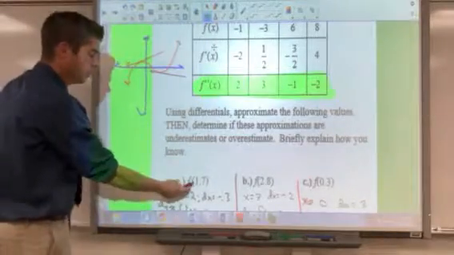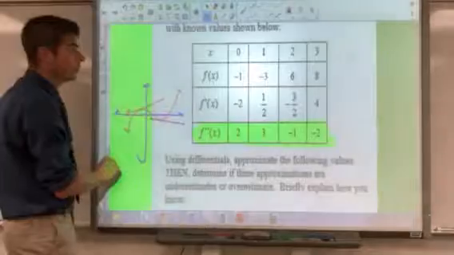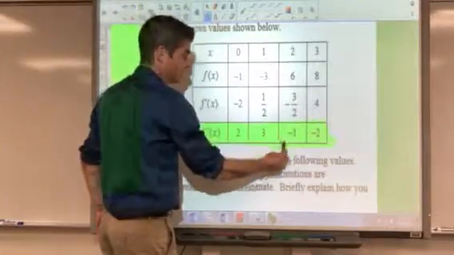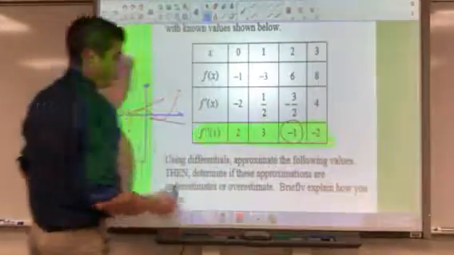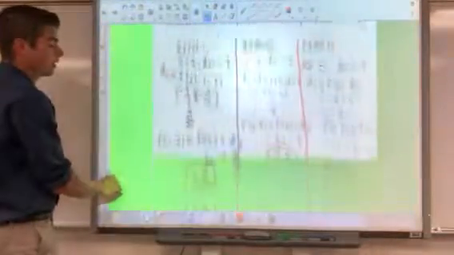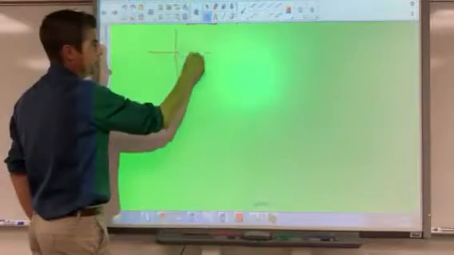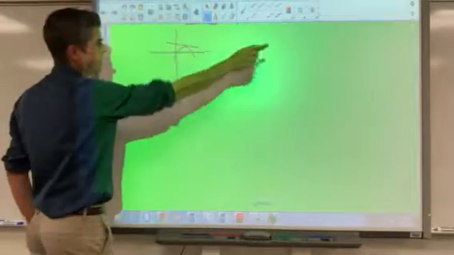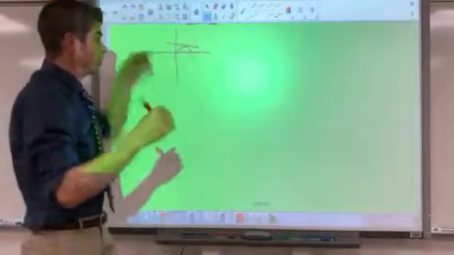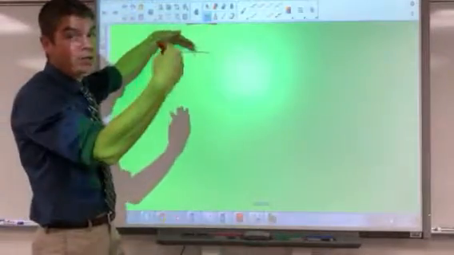So let's look at 1.7. We used 2. At 2, we knew the second derivative was -1, so at 2 we were concave down. If you're concave down and you're using the tangent line, your approximation will always be above, an overestimate.